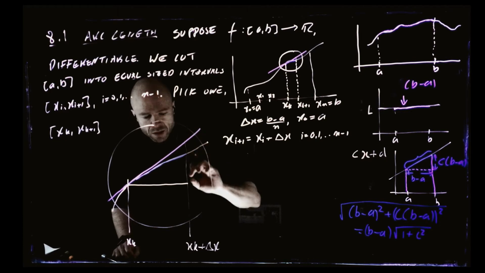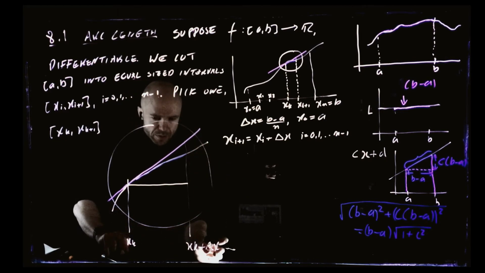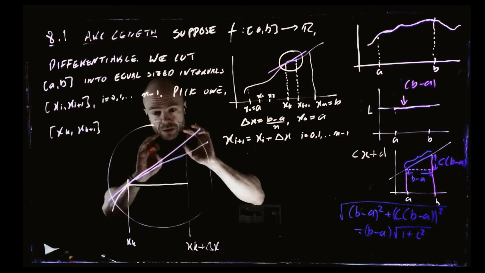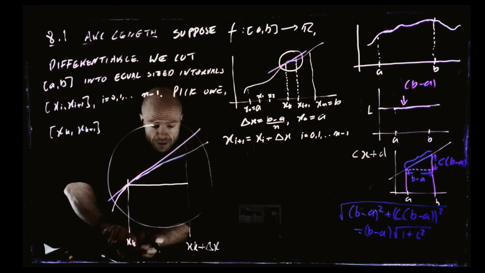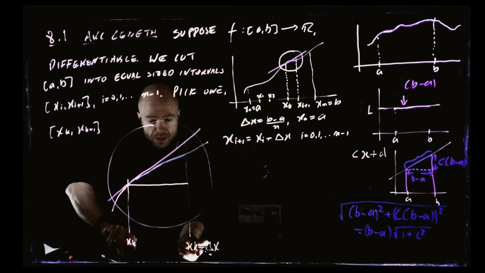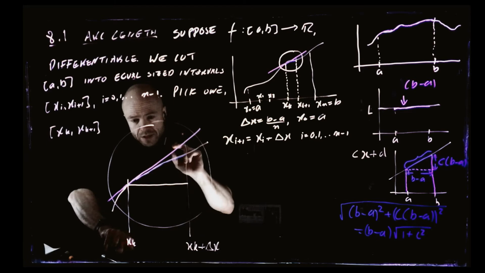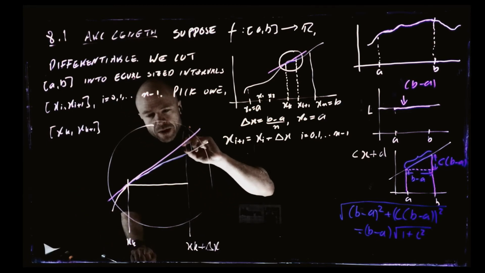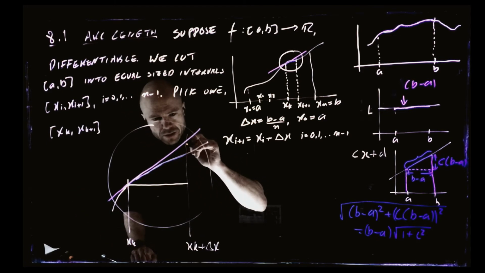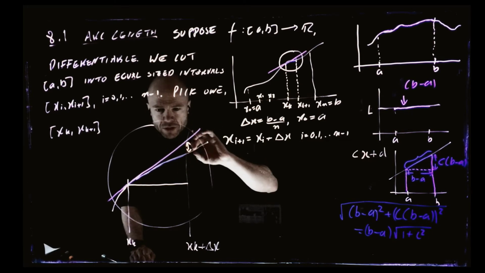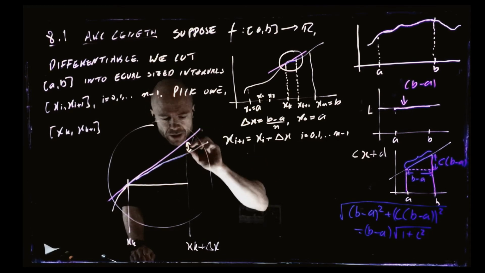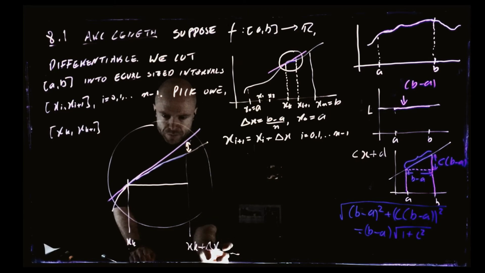In fact, the smaller delta x is, the closer it is. Differentiability exactly says that if we look on an interval of size delta x like this, the error between the tangent line and the function is way, way, way smaller than delta x. So this gap here, even though I've drawn it fairly big to give you a picture, is tiny, tiny, tiny compared to delta x.